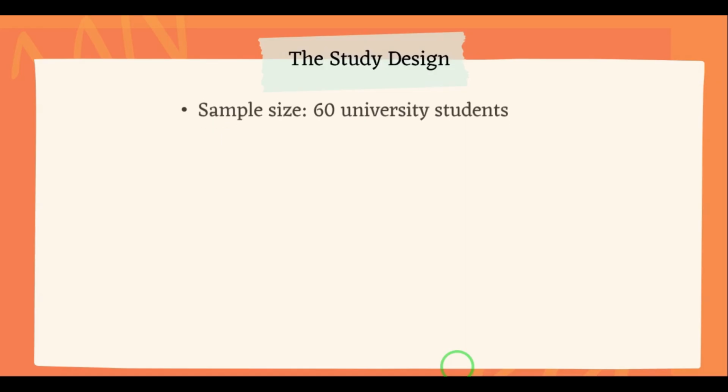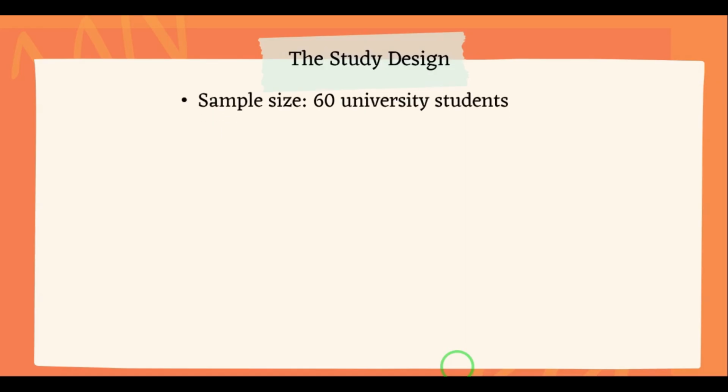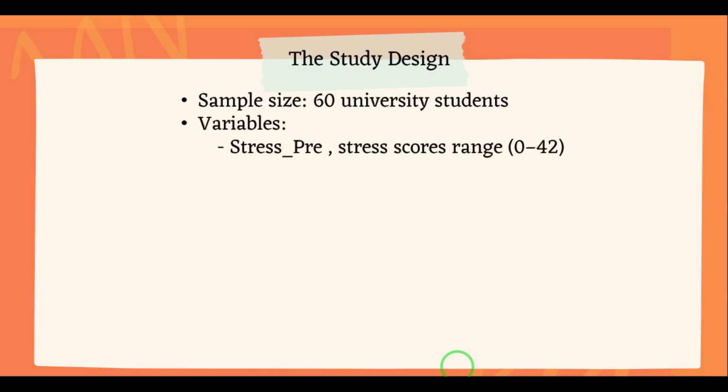Here's the study setup. 60 final year undergrads took part in a mindfulness intervention during exam week. Each student's stress was measured using the DASS-21 stress subscale before and after a 1-week mindfulness program. They also logged how many minutes they practiced mindfulness every day.